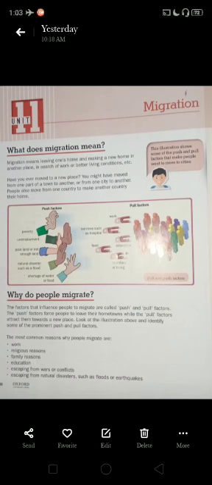Now, some of the reasons why people migrate from their home country to another country: work or better pay, religious reasons, family reasons, education, escaping from war or conflicts, and escaping from natural disasters such as floods or earthquakes.